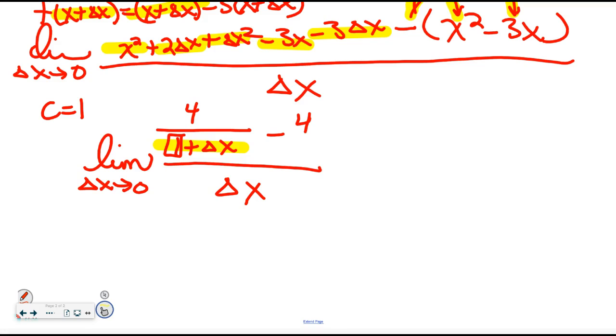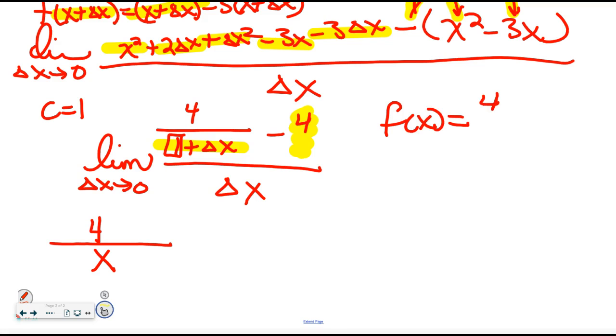So the function is 4 over x. And you might say, well, then why is there a minus 4 right here? Because it always goes minus f of x. So if f of x is equal to 4 over x, and I'm doing it at 1, then that becomes a 4.